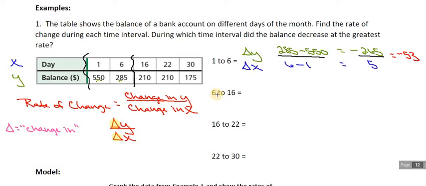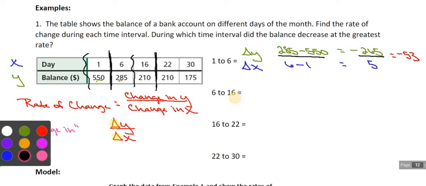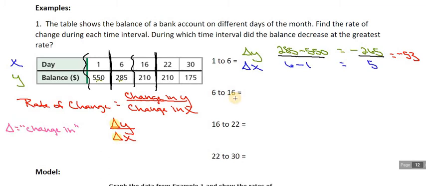Next, to find our rate of change from day 6 to day 16, we need to do change in y over change in x again.